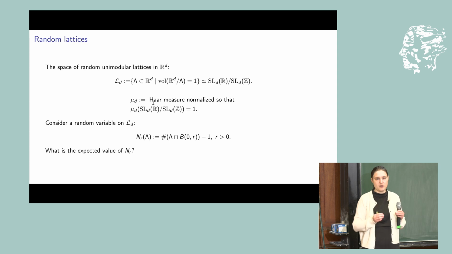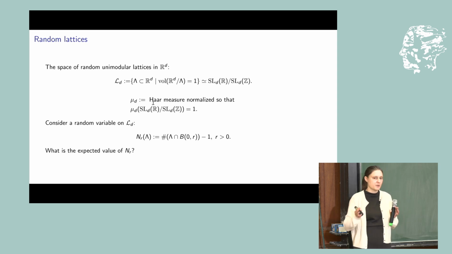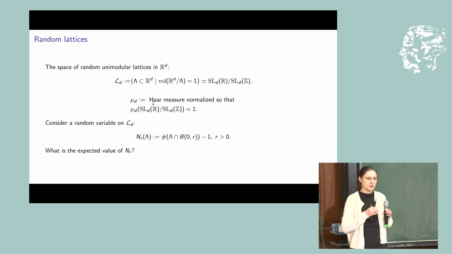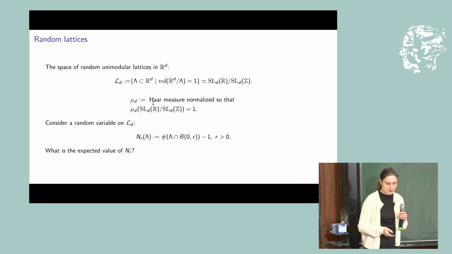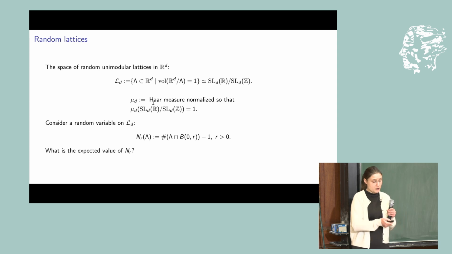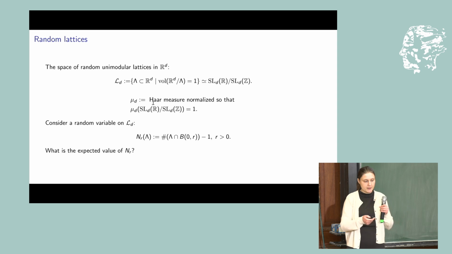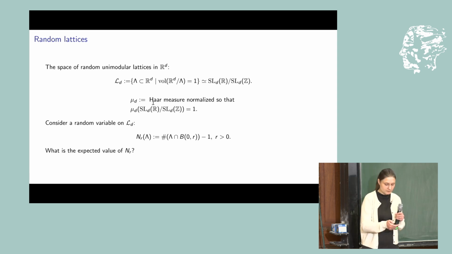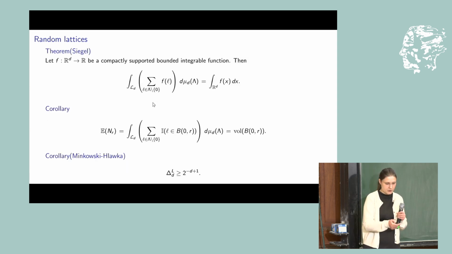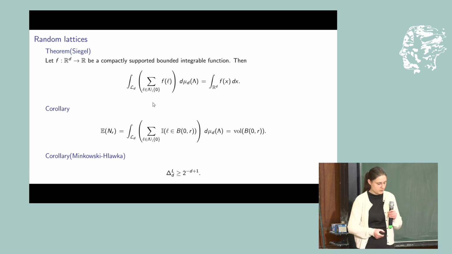So this somehow controls the property we care about, even though not very carefully. And now what is also important is that for this random variable, we can compute its expected value.